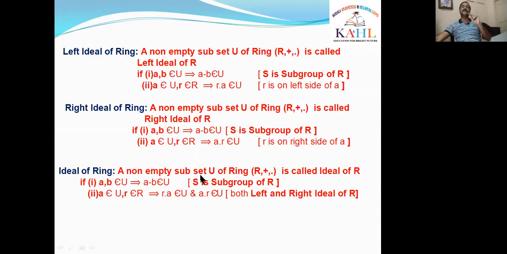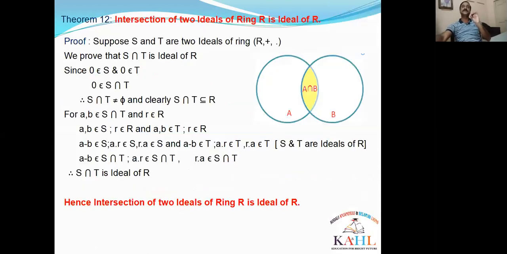S is a subgroup, that means S is a group. A group satisfies four laws: closure, associative, identity, inverse. So there is an identity in S and also in T, because these two are ideals. Ideals mean subgroups, subgroups mean groups, and groups mean the identity law exists. That means identity elements are there.